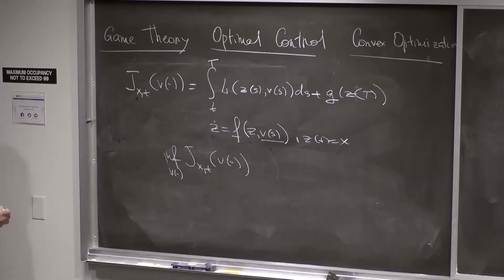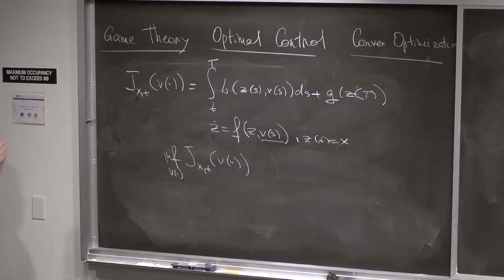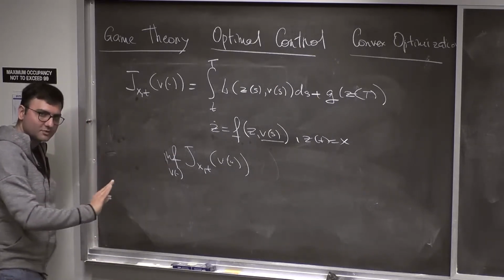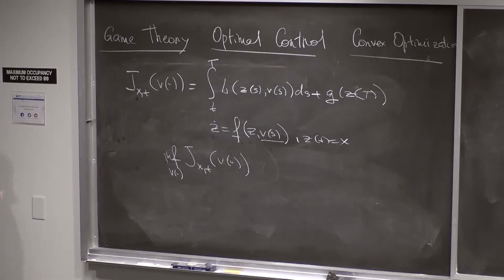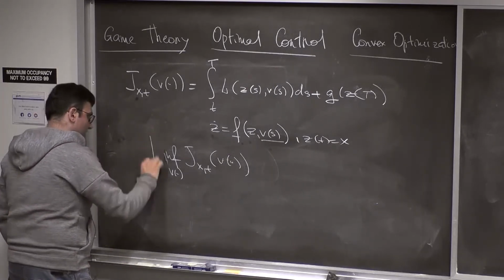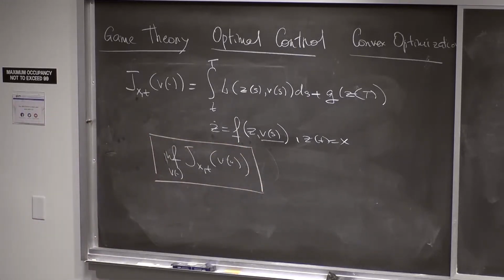So controls here play the role of the strategies in the games that I was describing before. So now these J(x,t) are like the J_i's that I was describing before. But now I have just one player, so I'm starting with just one player. There is no mean field yet, just the simple case. And what we're trying to do is understand how to solve this problem.